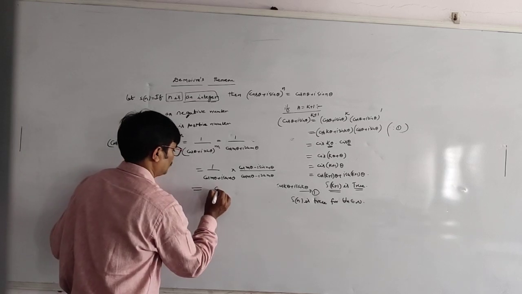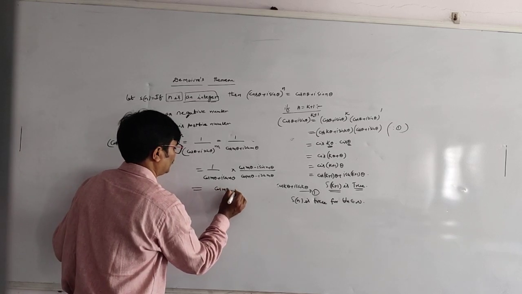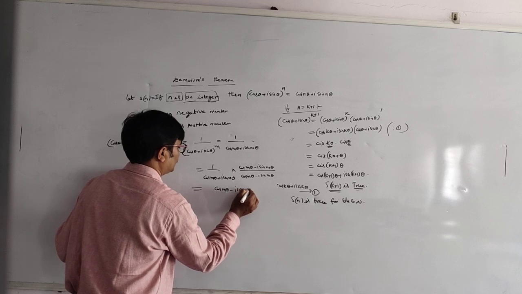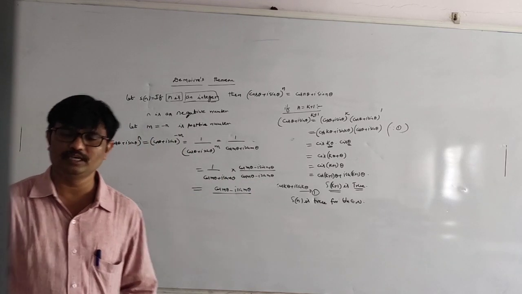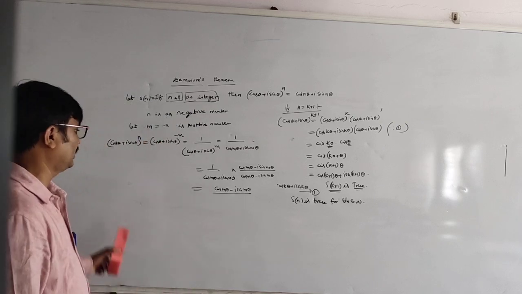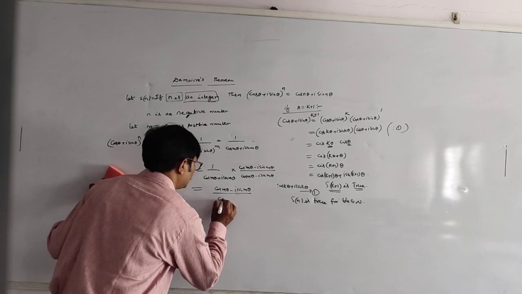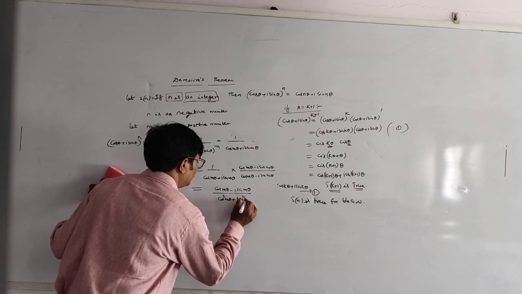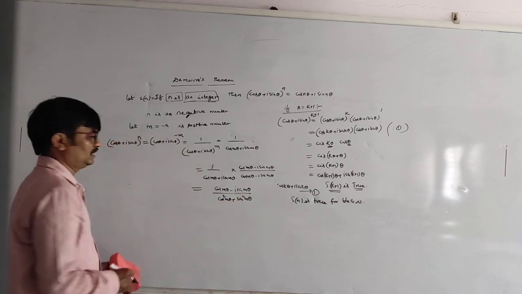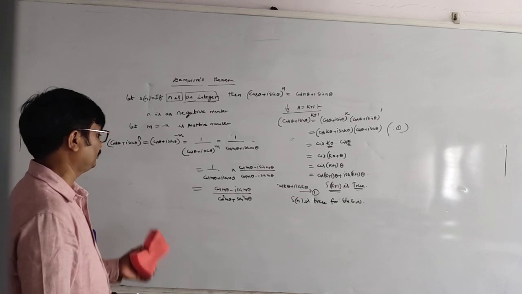how to write it? This is cos of m theta minus i sin m theta by a plus b into a minus b, a square minus b square. Now this is cos square m theta plus sin square m theta.